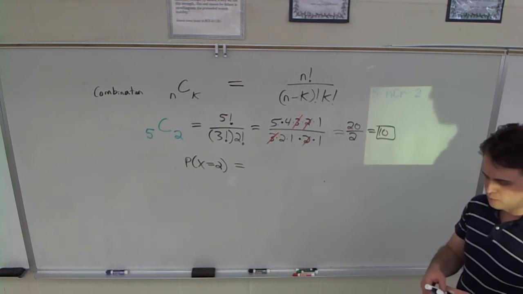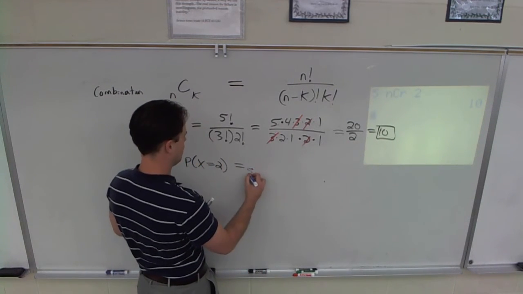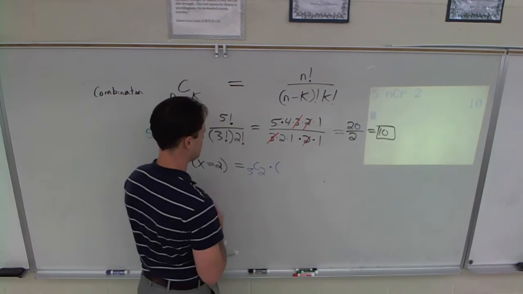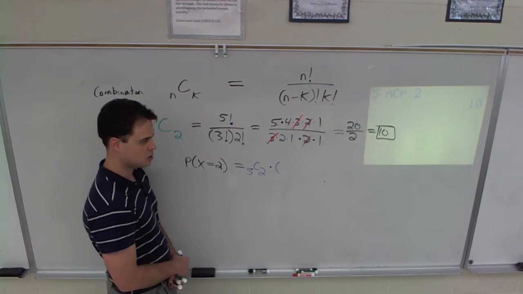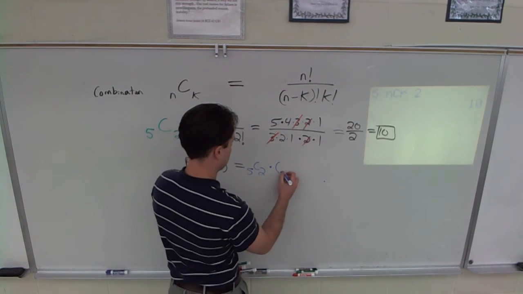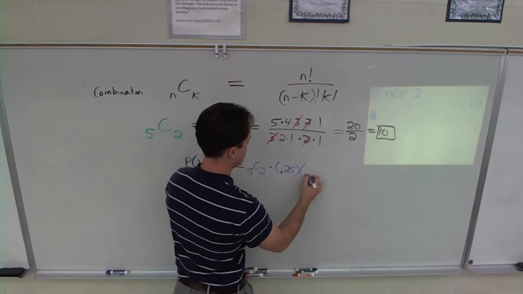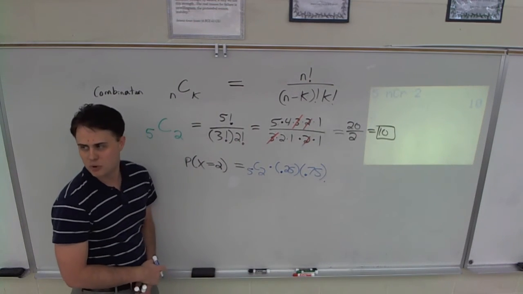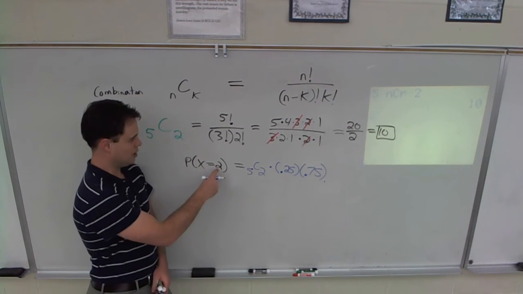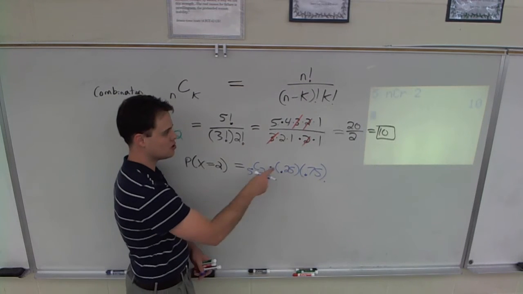Let's finish our problem, even if the bell hits us here. So for us, we're going to have 5 choose 2 times the probability of correct, which was 25%, and the probability of incorrect was 75%. What are the exponents going to be? We wanted 2 correct. Which one of these is correct?